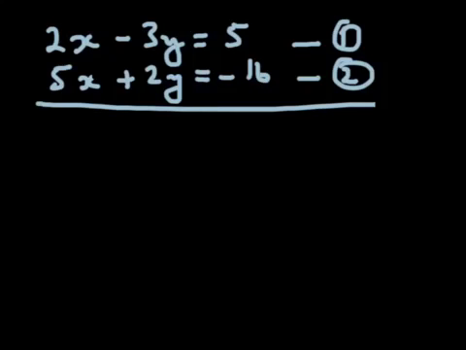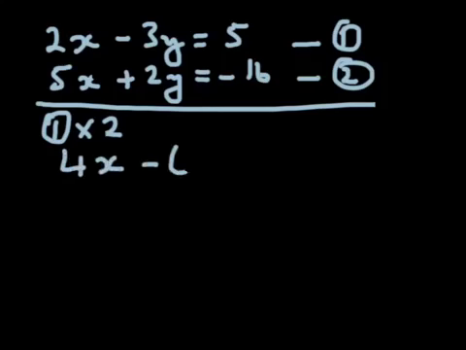And I'm not interested in the signs. The fact that this is negative and that is positive doesn't interest me much at all. So what I'm going to do is tell the reader what I'm doing, and so I'm going to multiply equation 1 by 2. And what that gives, of course, is 4x minus 6y equals 10.